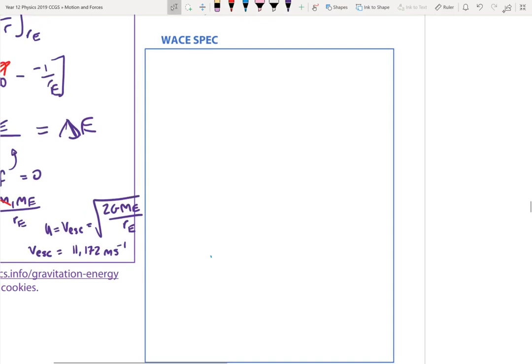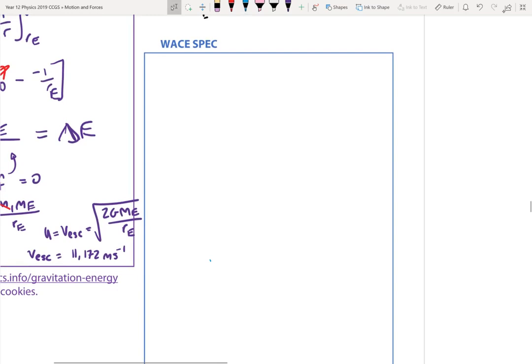Now, our waste spec. Let's go back to blue pen. You can get that equation without looking at the integral. So all we do is we go EK initial equals EP final. We'll go a half mu squared equals mgh final.